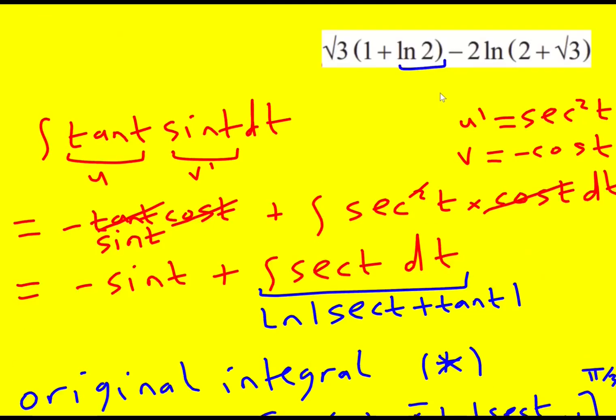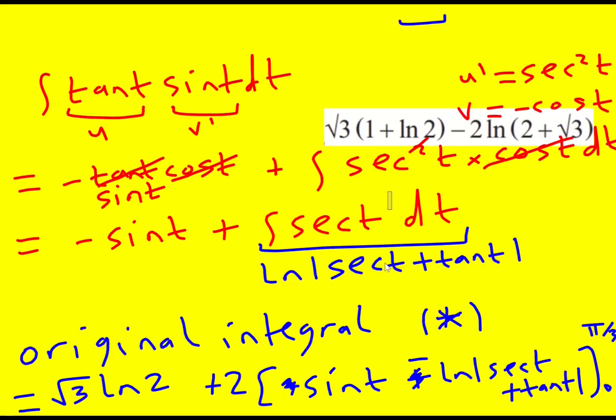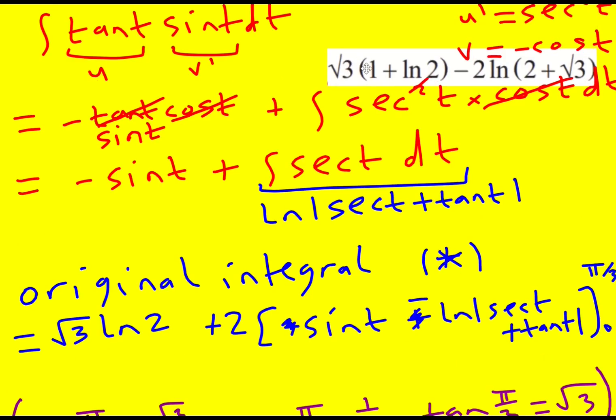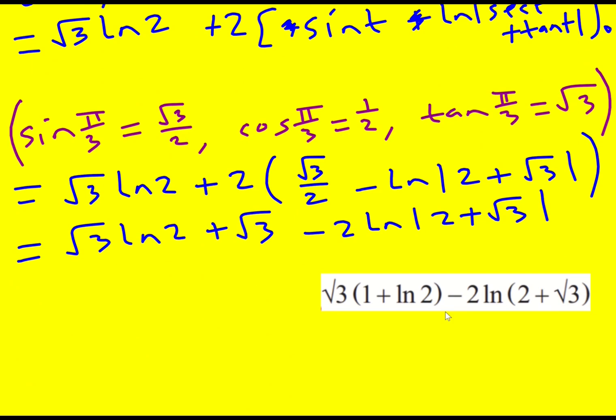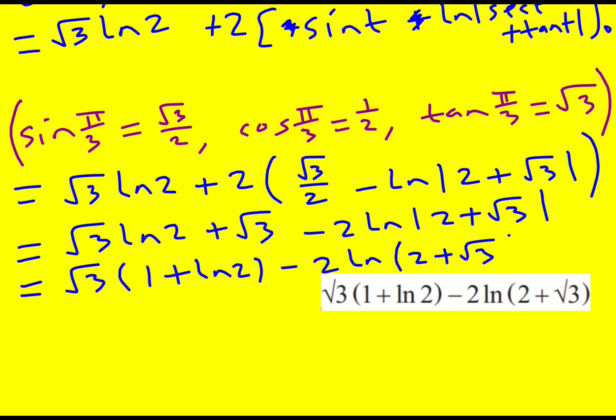We're nearly there. As you can see, that's what we wanted to get, and that's what we have actually got. I just need to factorize out that root 3. And I don't need the modulus sign because it's positive.